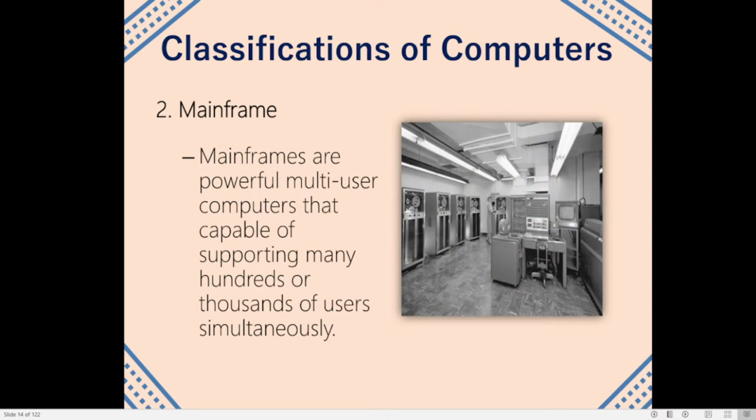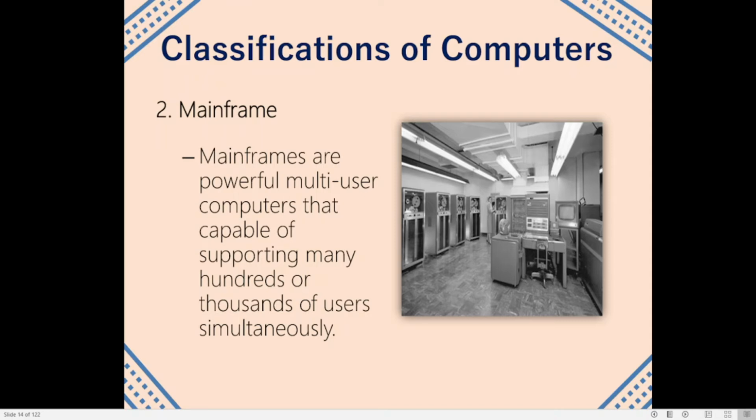Medyo maliit siya ng konti compare sa supercomputer, mas mura ng konti compare sa supercomputer, but not everyone can afford the mainframe. Well, usually, ang gumagamit ng mainframe ay mga big organization or big companies, ang ating mga bangko. Yan, gumagamit yan ng mainframe.